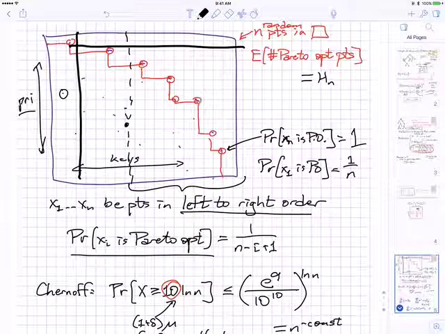I've changed the distribution of y-coordinates. That's true. Instead of being uniform across the entire square, it's only uniform up to that slightly lower ceiling. But whether a point I, the one I've labeled there, is Pareto optimal only depends on how the y-coordinate of point I compares to the y-coordinates of points further to the right.